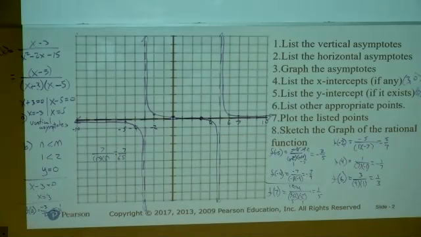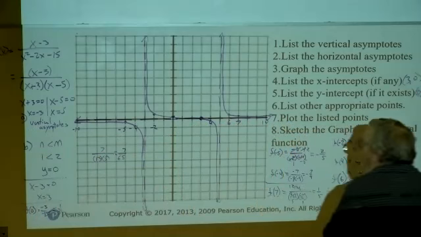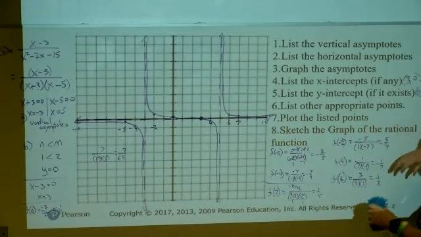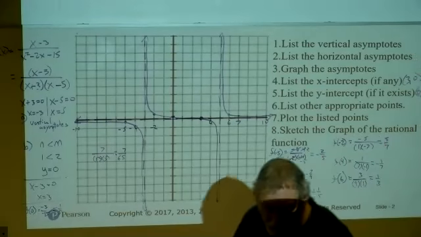I think it's straightforward. It takes what you know. The only thing we really added to being able to graph things is how you find these two types of asymptotes. One is based on what makes the denominator 0, and the other one depends upon what the degree of the two leading terms are.